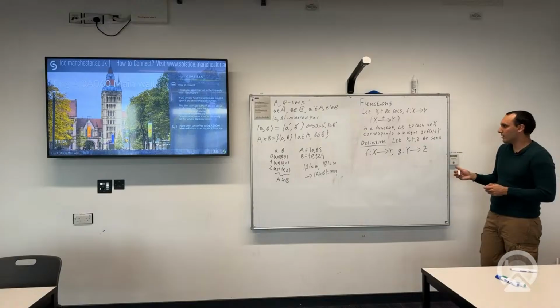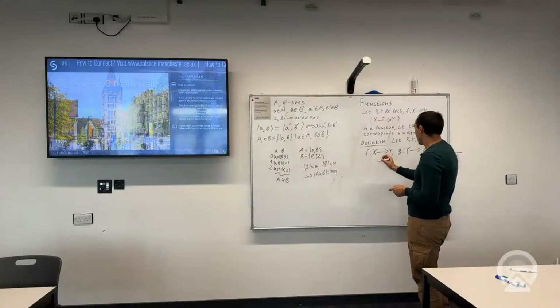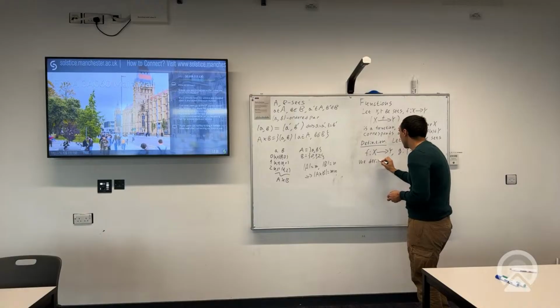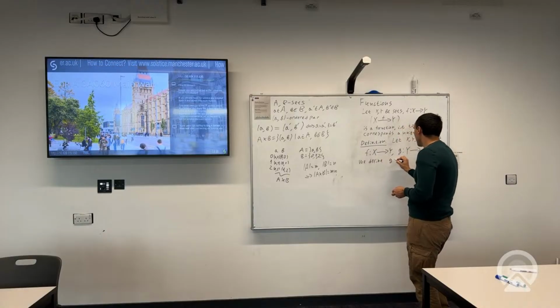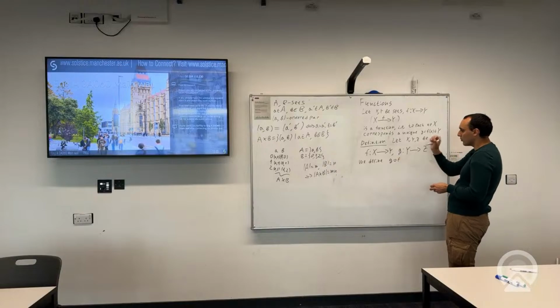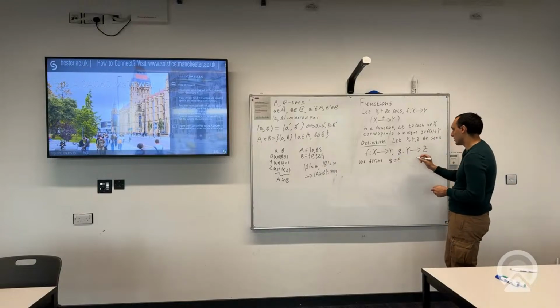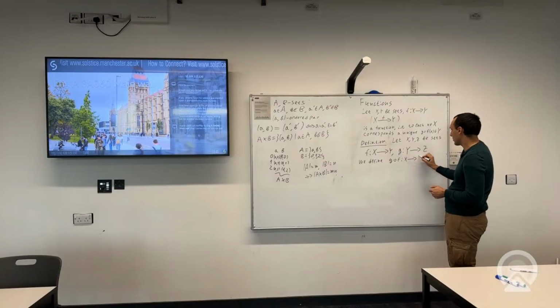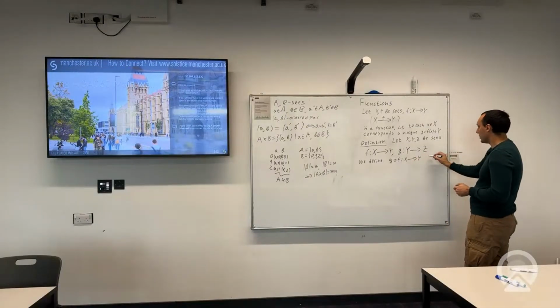Composition. Yeah. So we define g after f, or g composition with f. This small circle is used. This is a function from X to Z. How? As follows.